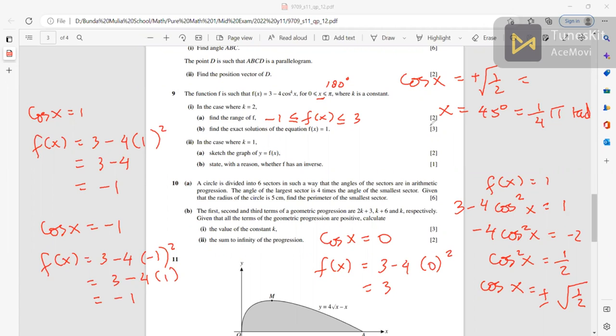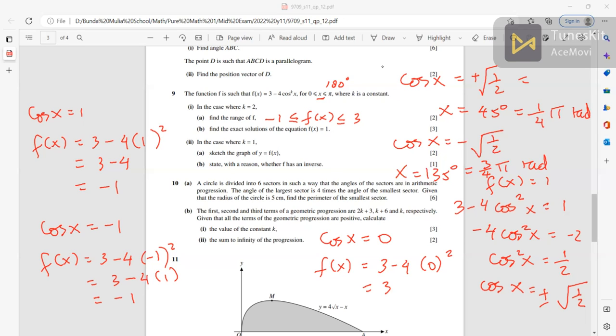And then when cos x equals to minus square root of 1 over 2, we shall get x equals to 135 degrees, or we can call it 3 over 4 pi radian. So that is for the first part.